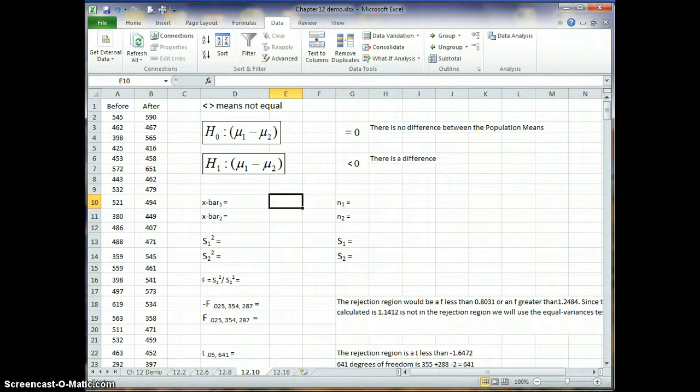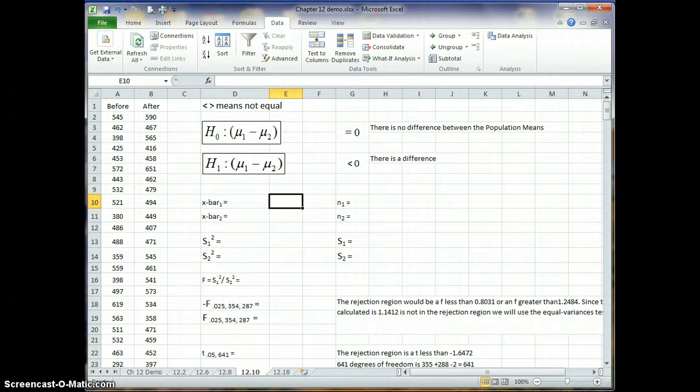They took SAT scores for a random sample of students before the change, and then a random sample of SAT scores after the change were recorded. And the question we're trying to answer is, can we infer from the data that SAT scores increased after the change in the school start time?